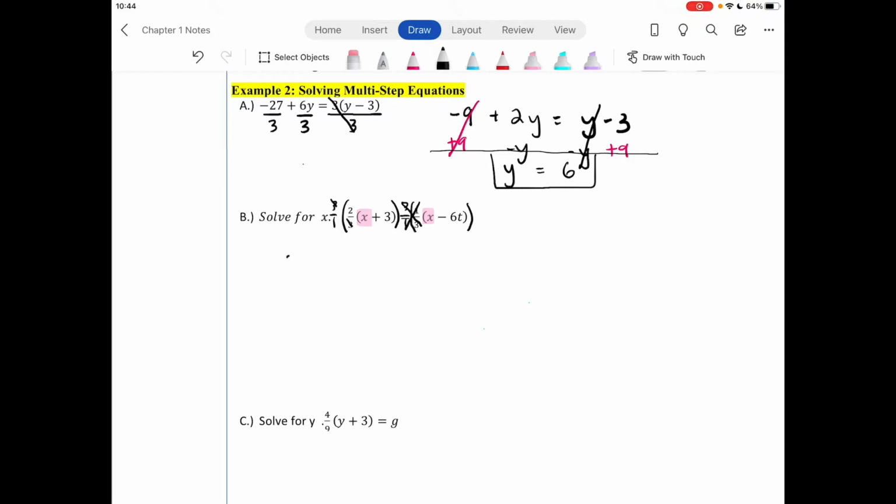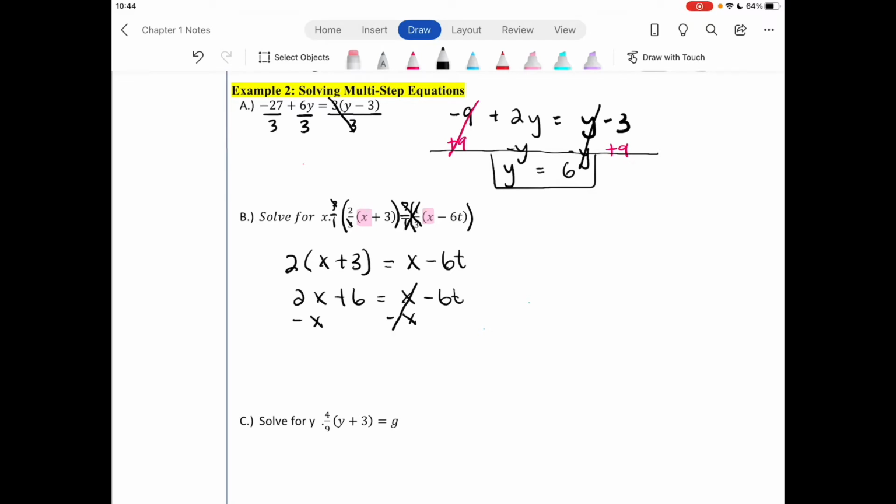So now we have 2 times x plus 3 is equal to x minus 6t. Now we can use our distributive property to give us 2x plus 6 is equal to x minus 6t. Then we just need to move everything to the appropriate side. Let's subtract x to both sides, and we're going to line up our x terms.